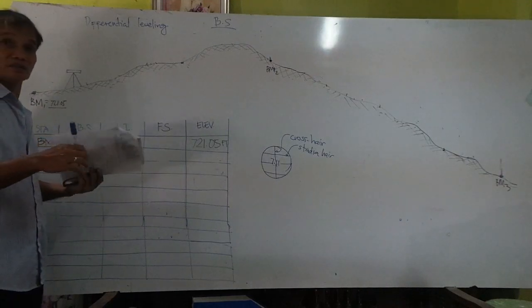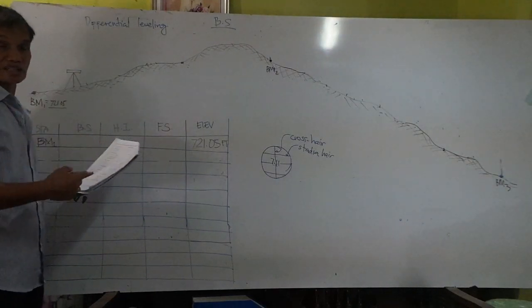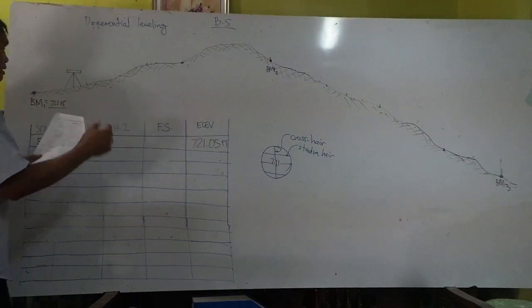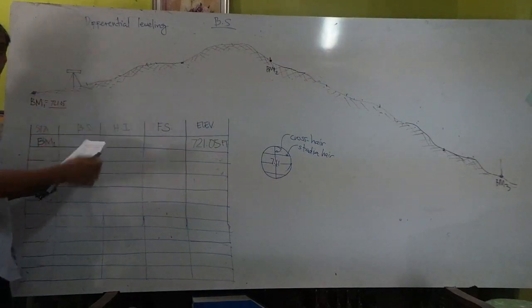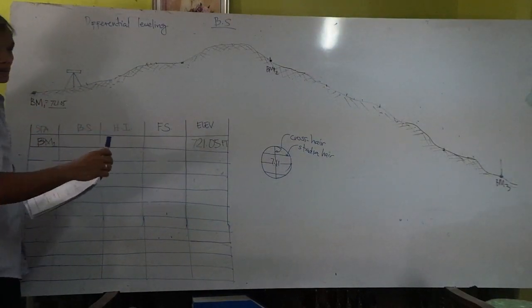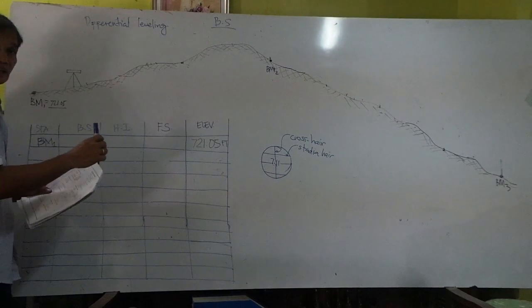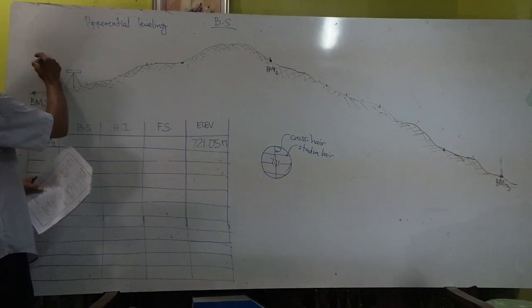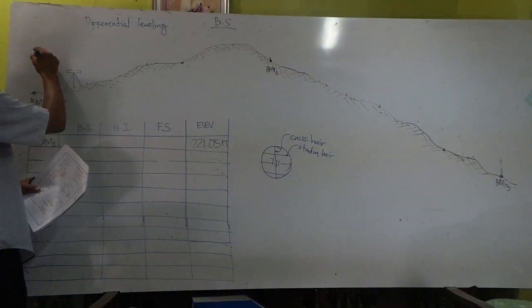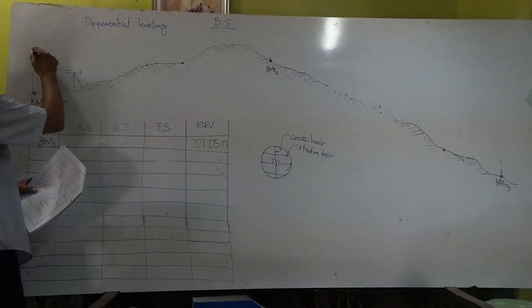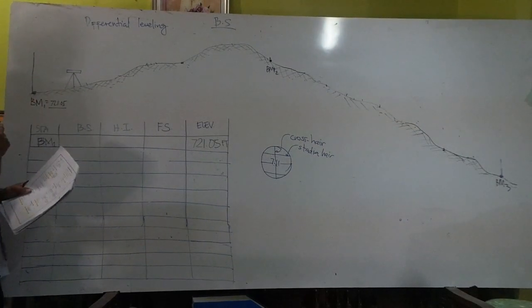The rodman is the one holding the leveling rod. Instruct the rodman to place the rod at benchmark 1, the point with known elevation. So let us say we place the leveling rod here at benchmark 1.